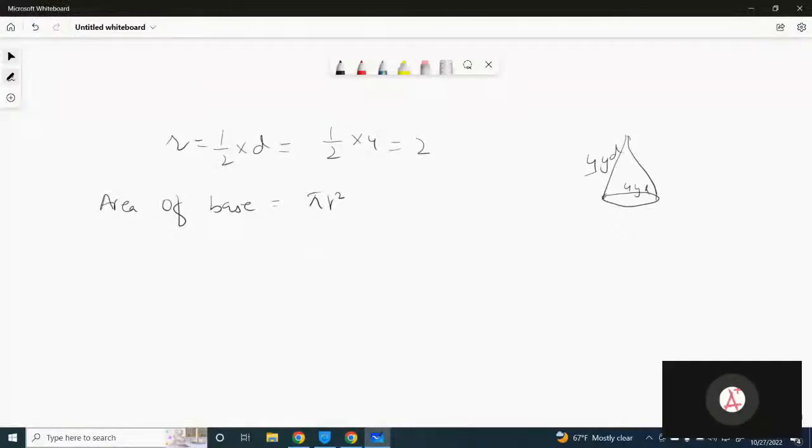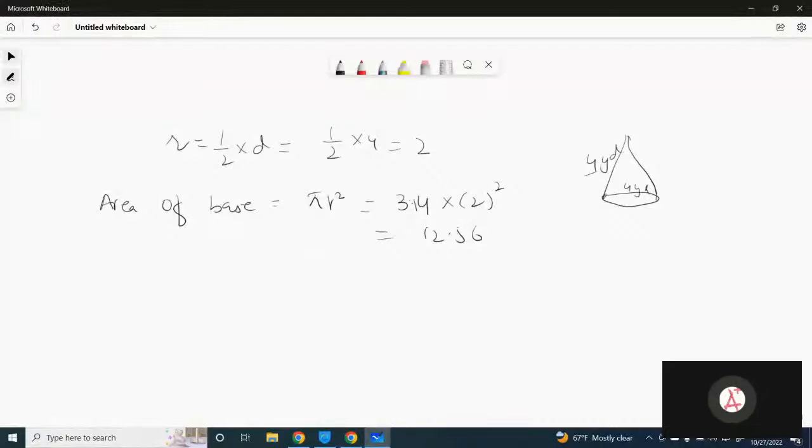So it would be pi is 3.14, r is 2, so it is 2 square. So it would be 4 times 3.14 and it is 12.56. Got it? Now you have to find the area of this one, the curved shape.